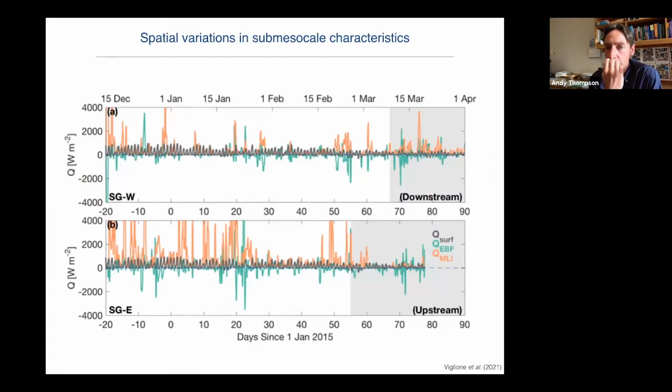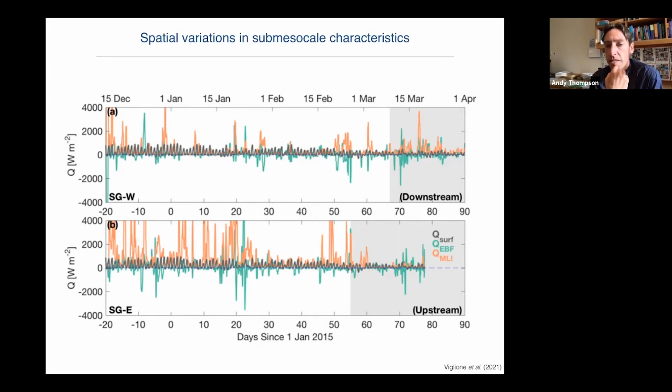I'm not going to talk about this in too much detail, so I'm just going to show one figure, and I apologize that I'm not showing where all of this is coming from. What I'm showing here is a time series on the x-axis, and on the y-axis is heat flux. In gray is just the surface heat flux, which is shortwave, longwave, sensible, and latent.